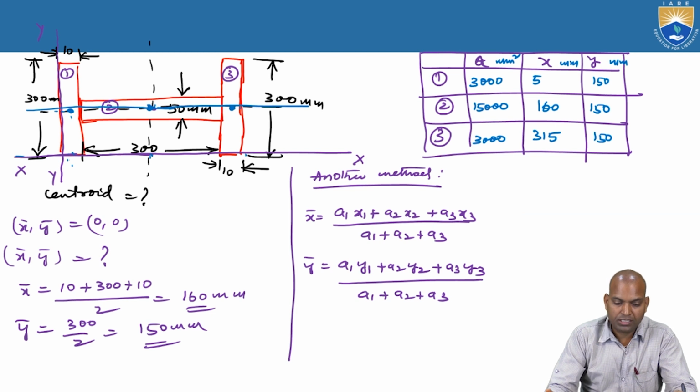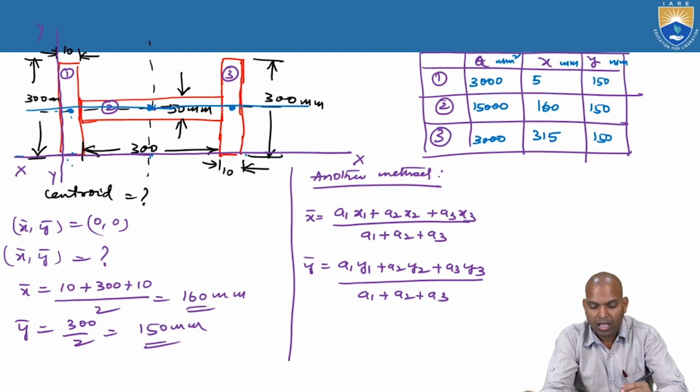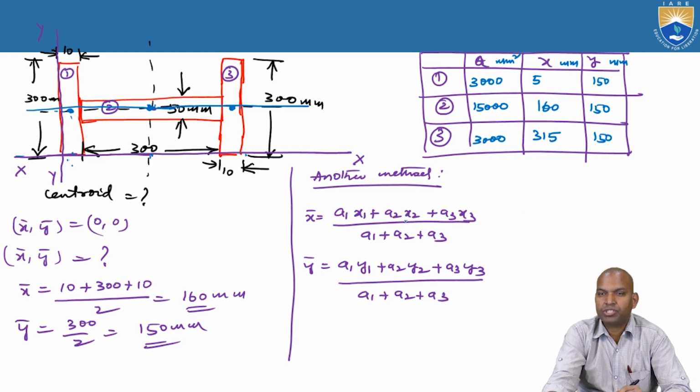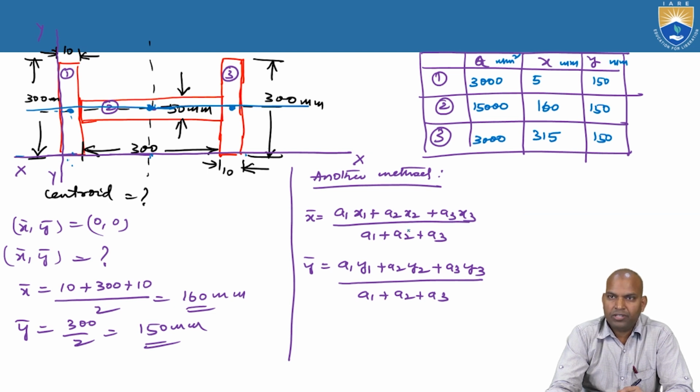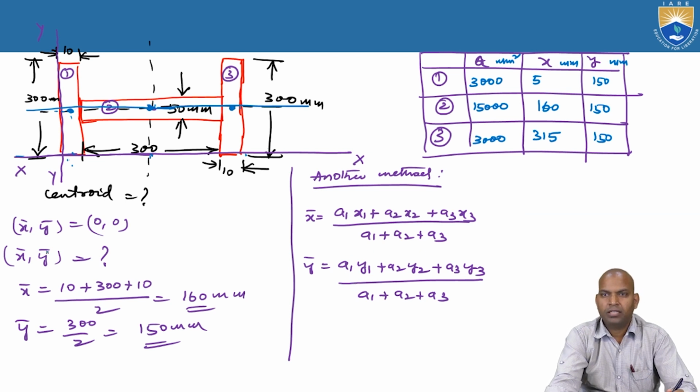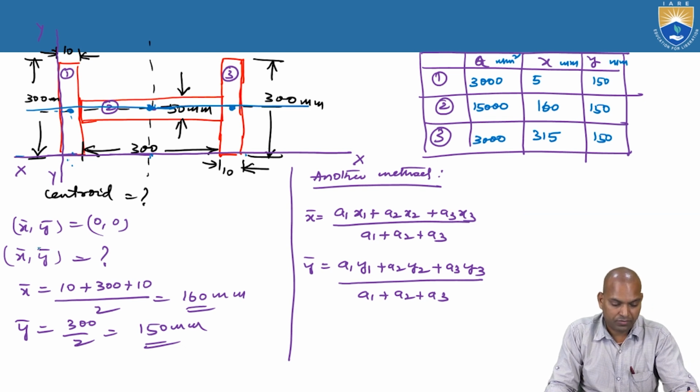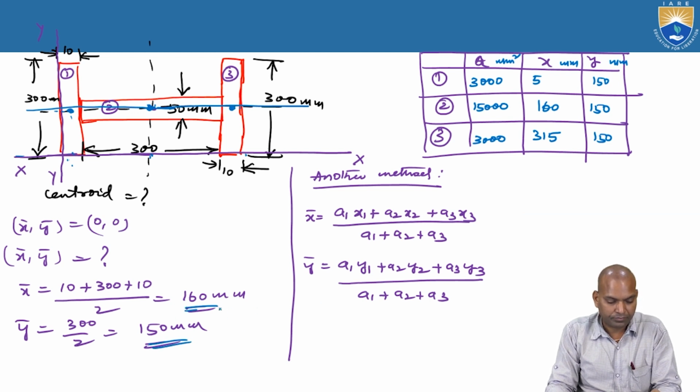Substitute now. The homework for you is to complete this. Substitute a1 is 3000 and x1 is 5, a2 is 15,000, x2 is 160, and a3 is 3000 and x3 is 315. Similarly, in the expression of bar Y, substitute a1, a2, a3, y1, y2, y3, and the answers will be 160 millimeters and 150 millimeters.